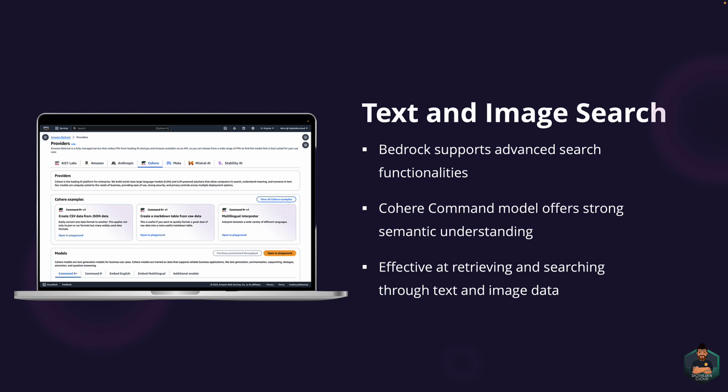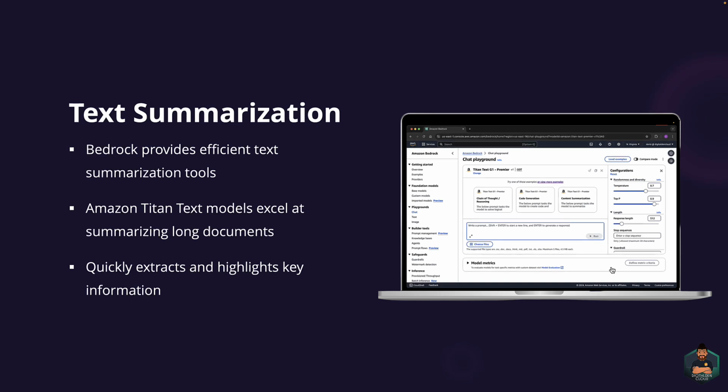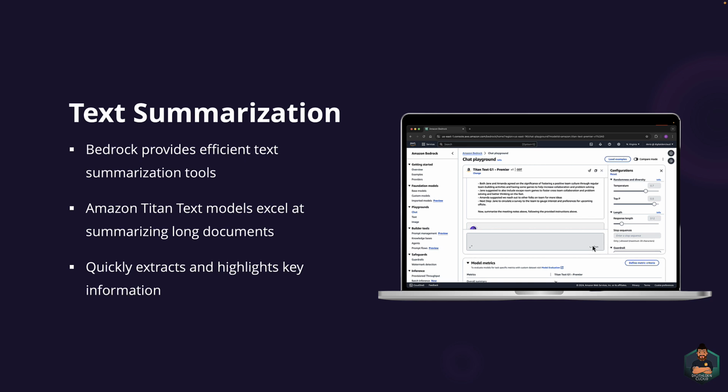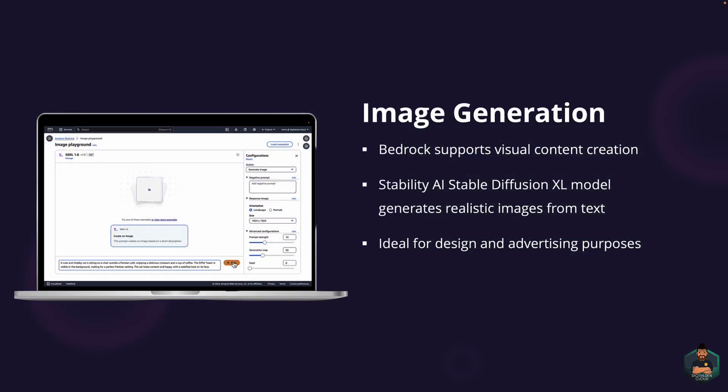The Cohere Command model is effective for this, with strong semantic understanding and retrieval capabilities for searching through text and image data. Bedrock is also great at text summarization capabilities. Amazon Titan text models are adept at creating concise summaries of long documents and extracting important information quickly. Bedrock extends to visual content creation.